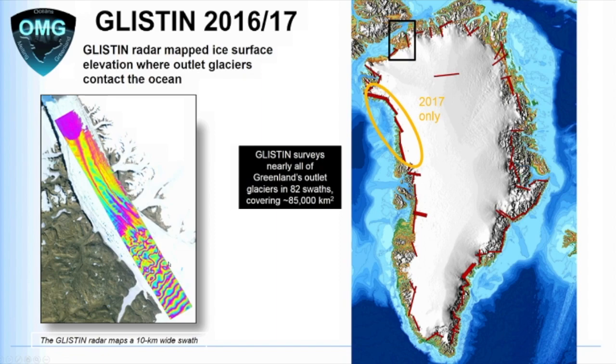So when you see the sort of lines going perpendicular across the swath, that's an indication that the elevation is changing really quickly. Further out on the swath, this is actually Petermann Glacier, which has a large ice tongue. This is a large flat ice tongue, which is floating, and there's some really fantastic detail in this data as well.